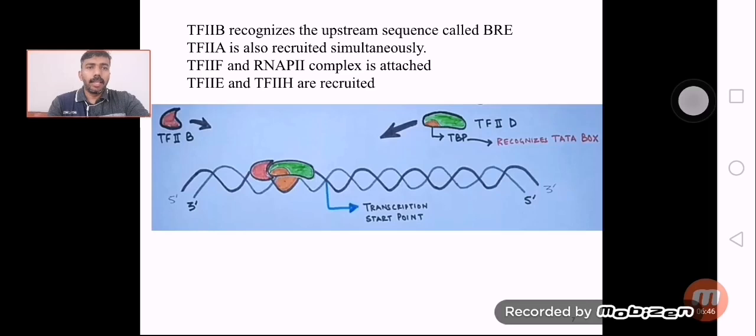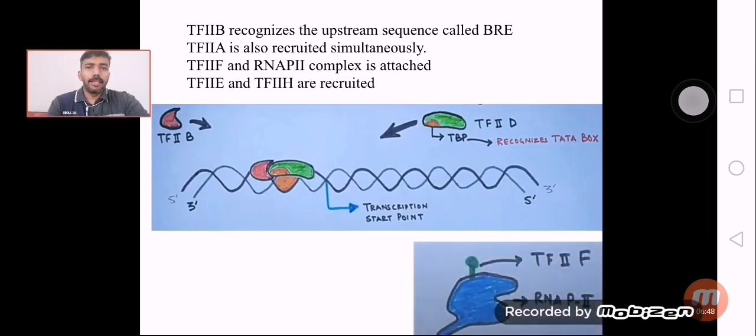Now the next element, the transcription factor 2F, will come along with RNA polymerase 2, the enzyme involved in the transcription process. So the RNA polymerase enzyme can identify the promoter sequences, but with the help of transcription factor 2F. So they come as a complex, right?